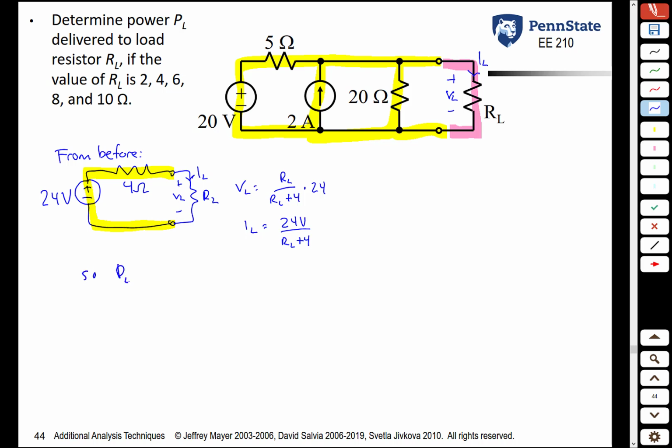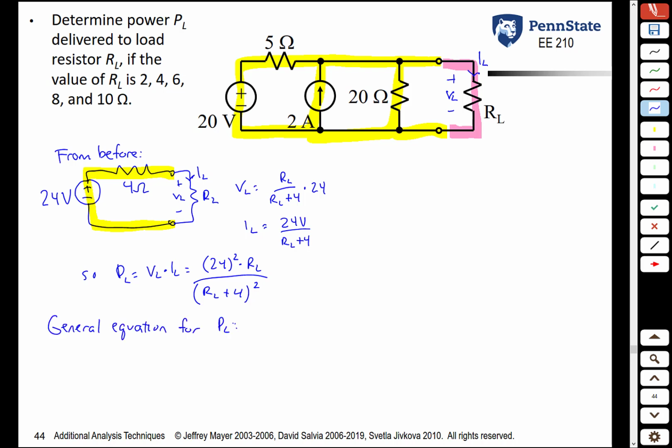So the power absorbed by the load, which is nothing more than its voltage times its current, is what? We're going to get 24 squared in the numerator. We're going to get an RL in the numerator. In the denominator, we're going to get an RL plus 4 quantity squared. This is for this specific example.